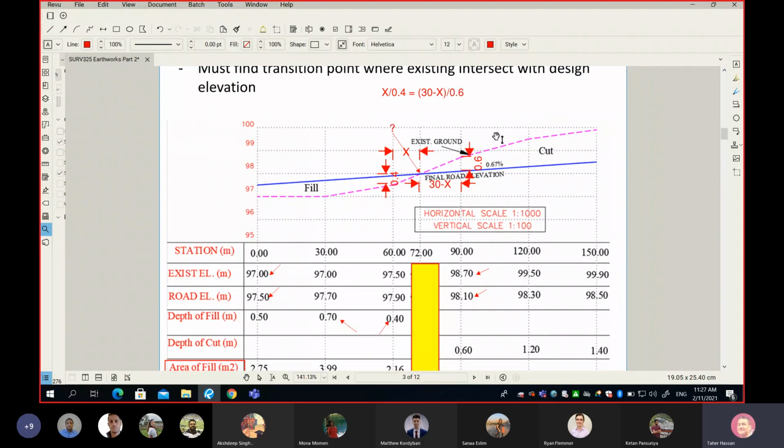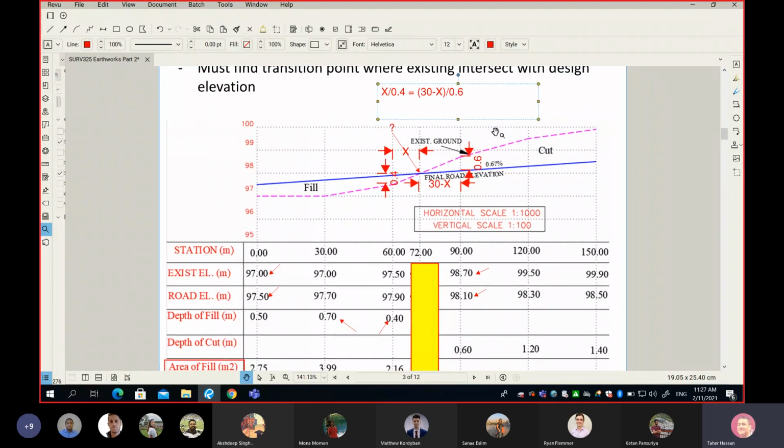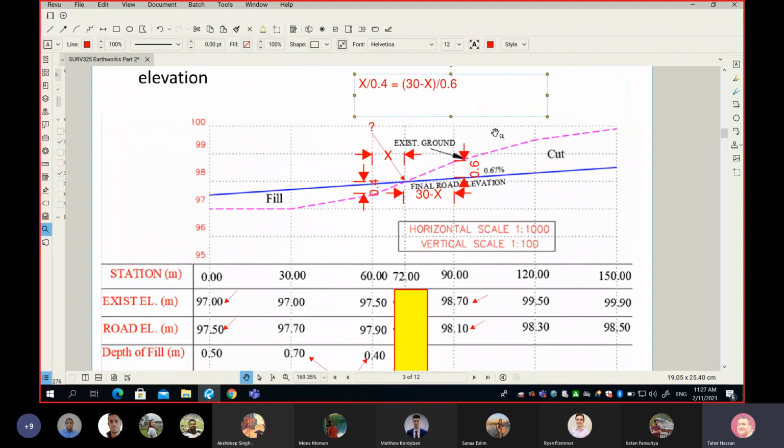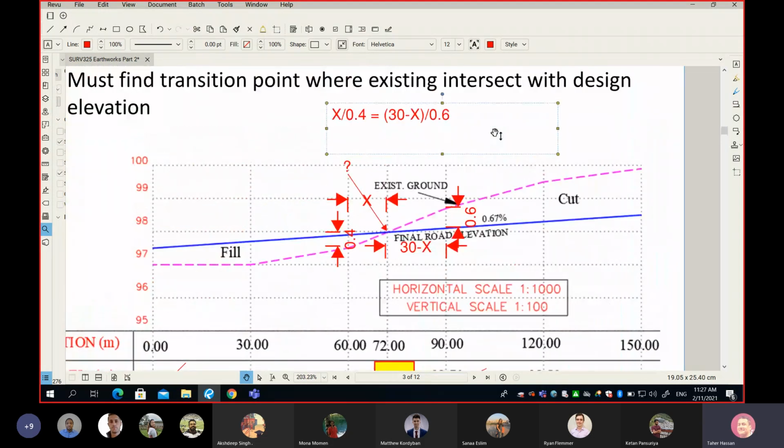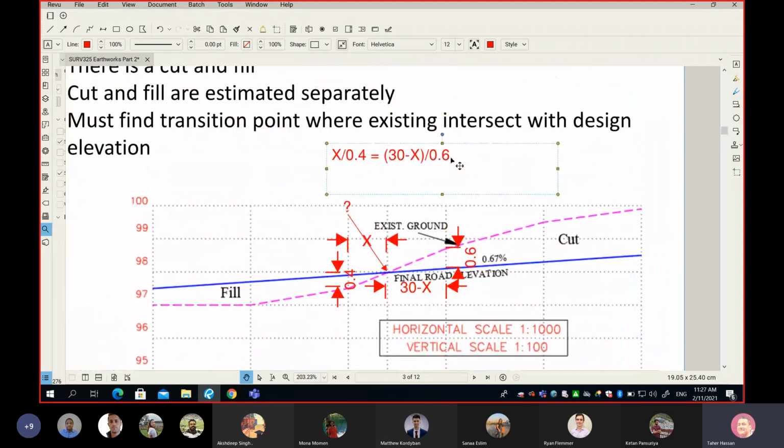Anybody disagree on this equation? Okay, so you agree. So similarity of triangles: x over 0.4 is equal to 30 minus x over 0.6. When you solve this very simple math problem, you'll get x equal to 12 meters.